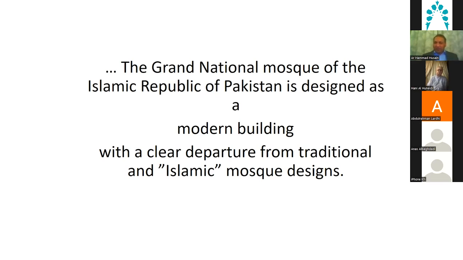Islamabad was designed as a modern city on modern concepts, and then these government people came who said, we want Islamic looking buildings or Islamic architecture here. And they kept insisting for 10, 15 years. But when the time came to build the religious building of the city, it was designed in a completely modern form. And now, of course, that same building has become a symbol of the city.